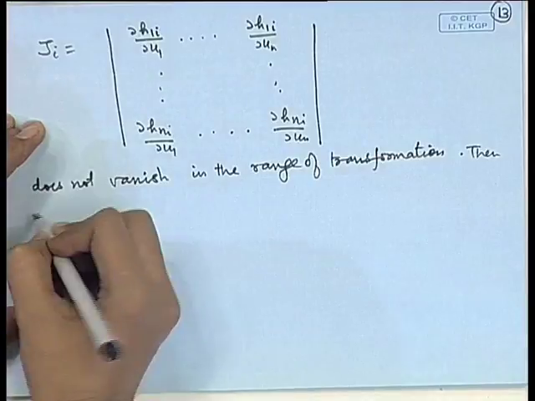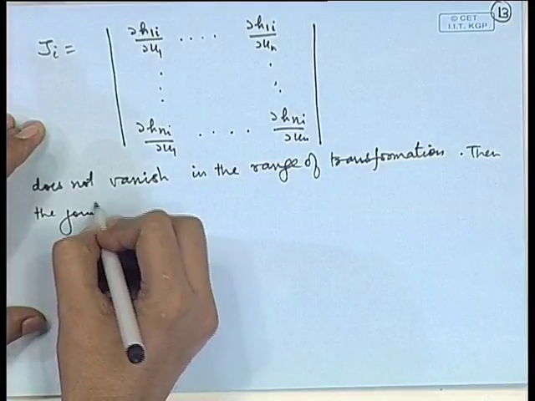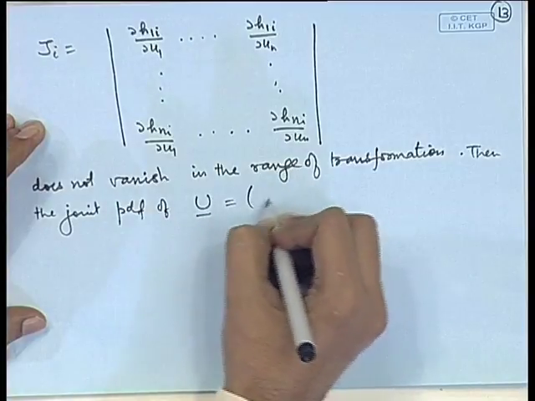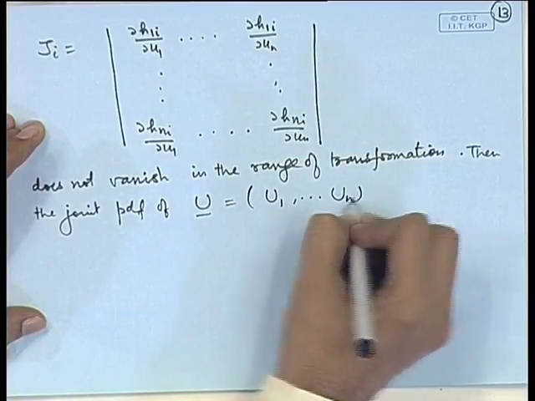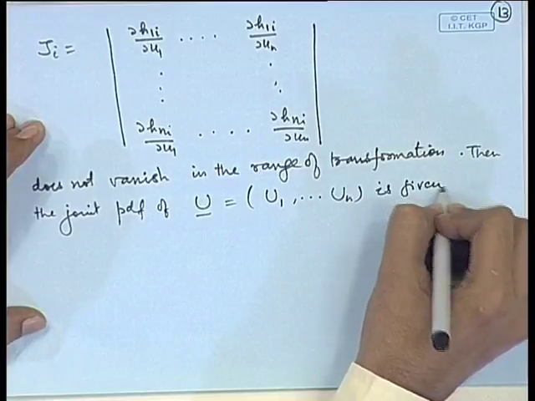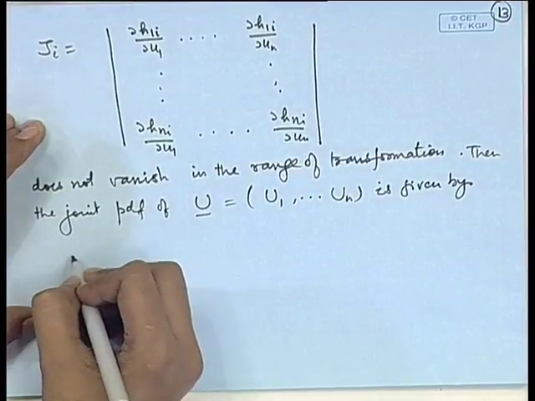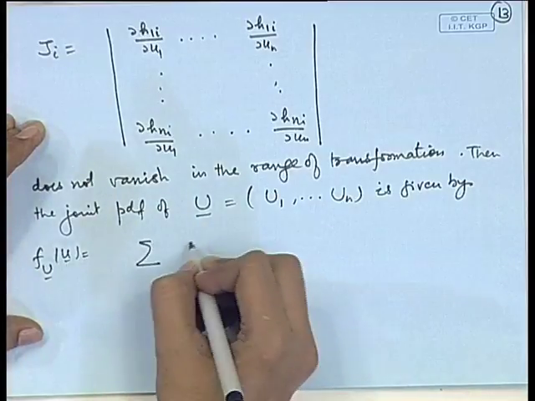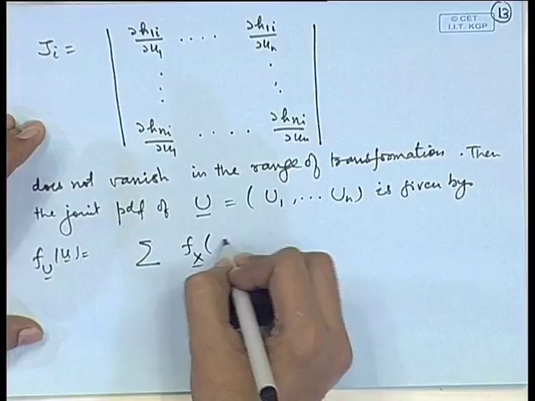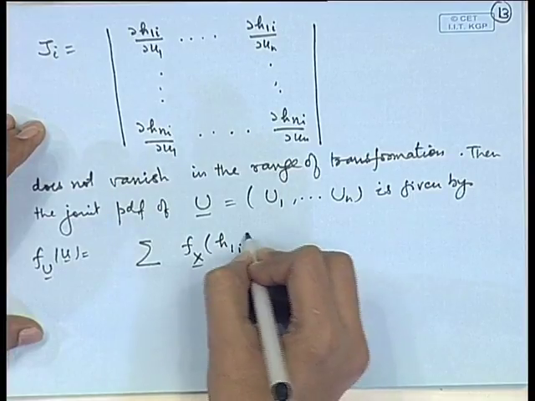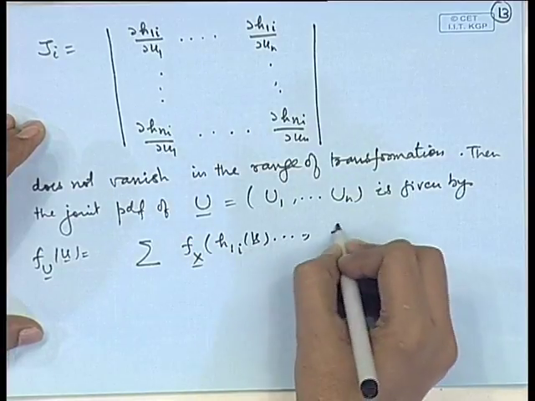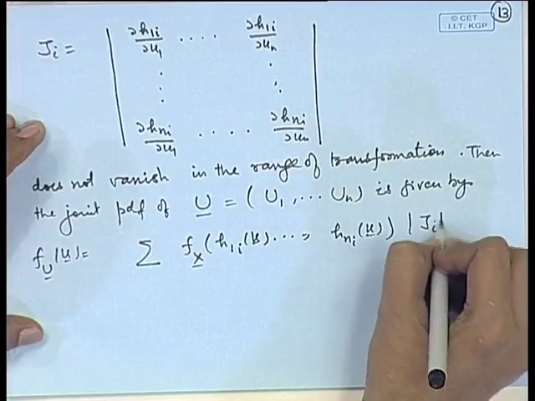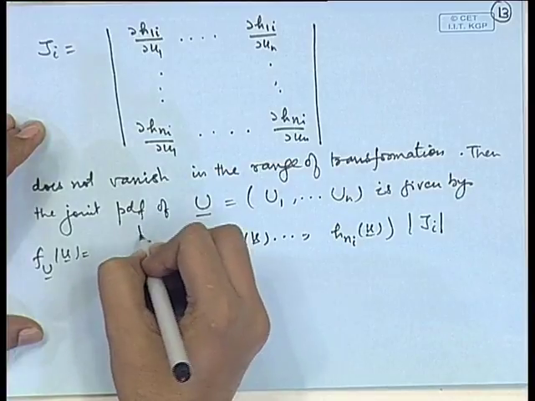Then the joint PDF of U = (U1, U2, ..., Un) is given by f_U(u) = sigma f of (h1i(u), ..., hni(u)) multiplied by the absolute value of the Jacobian Ji, i = 1 to k.